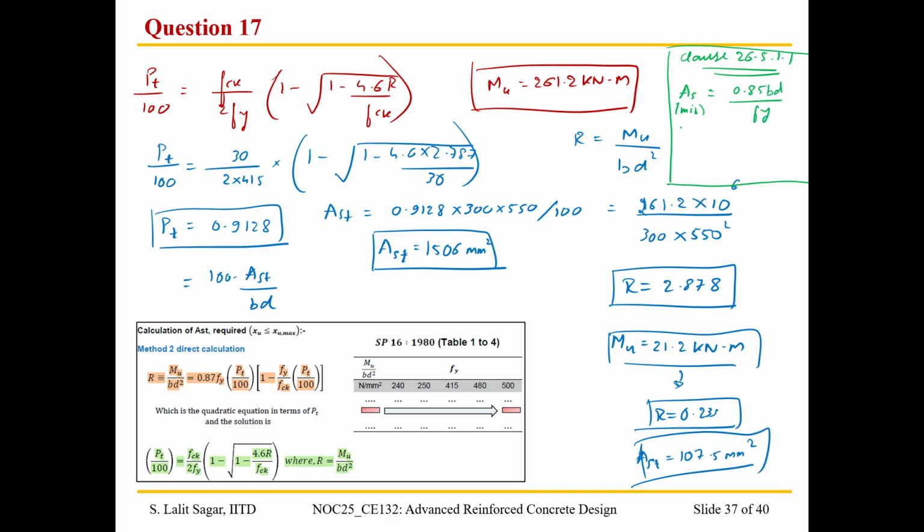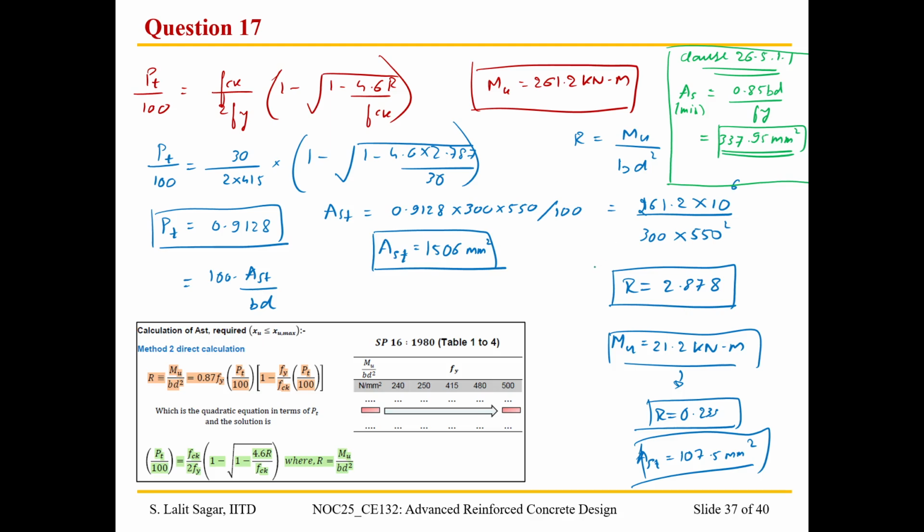You may please check later on. And according to that, we need to provide an area of steel equal to 337.95 mm square in the compression region.